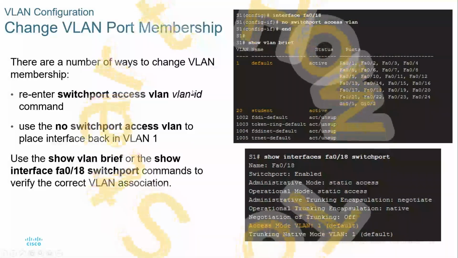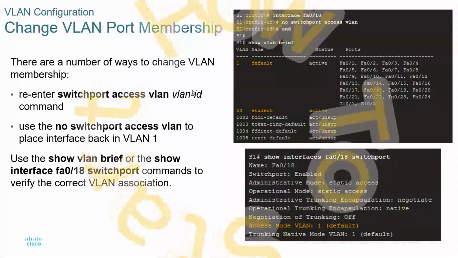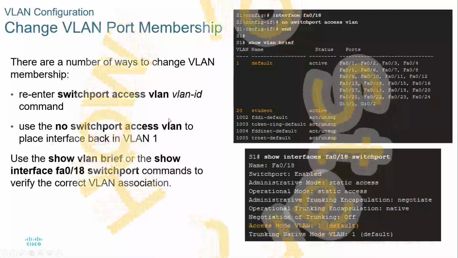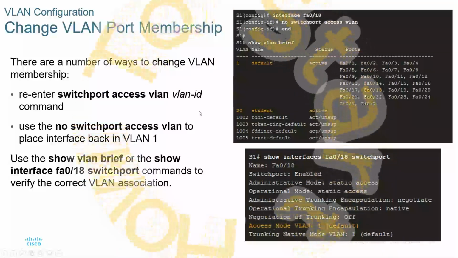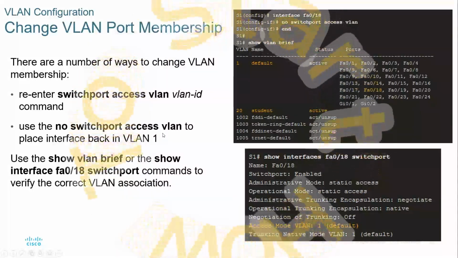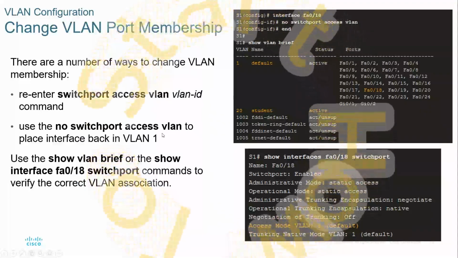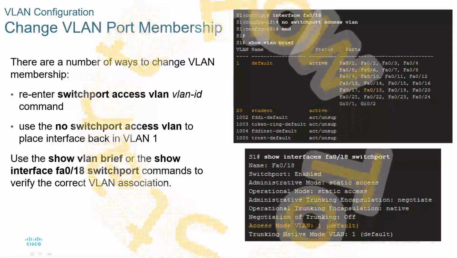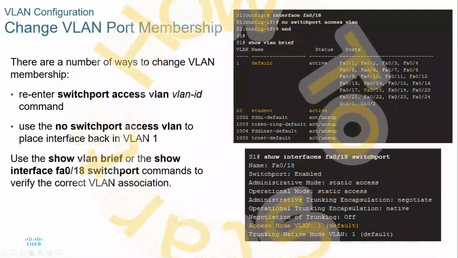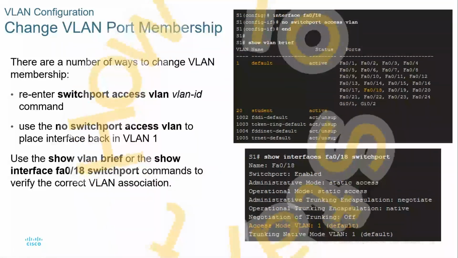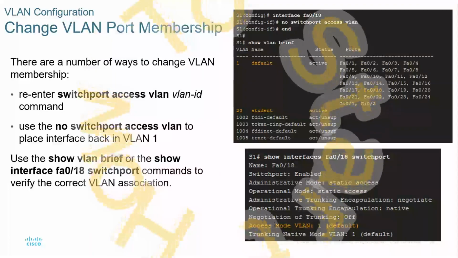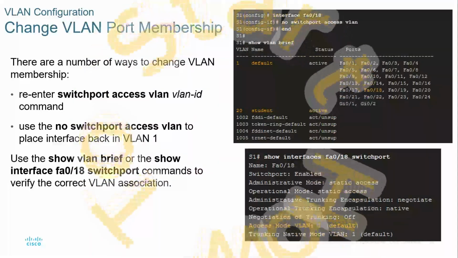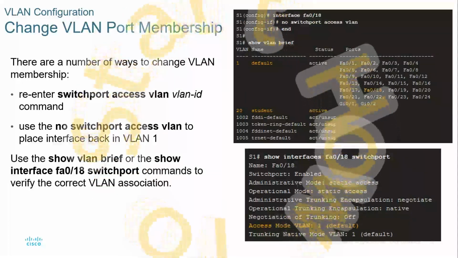If you want to put it back into the default native one, then we could do a no switchport access vlan, and this will put it back into VLAN 1. If you just delete the VLAN, then the switch will not associate that port back to the default VLAN. So again, that's important because that happens more than people realize. And how do we verify? We could do a show vlan brief or a show interface and look at the appropriate interface.